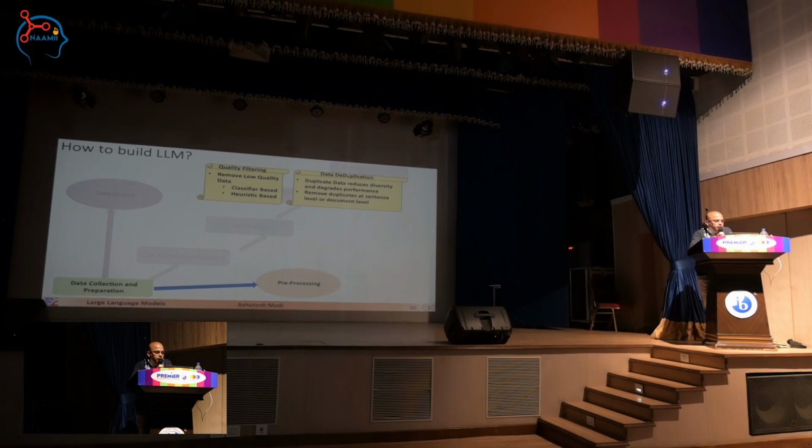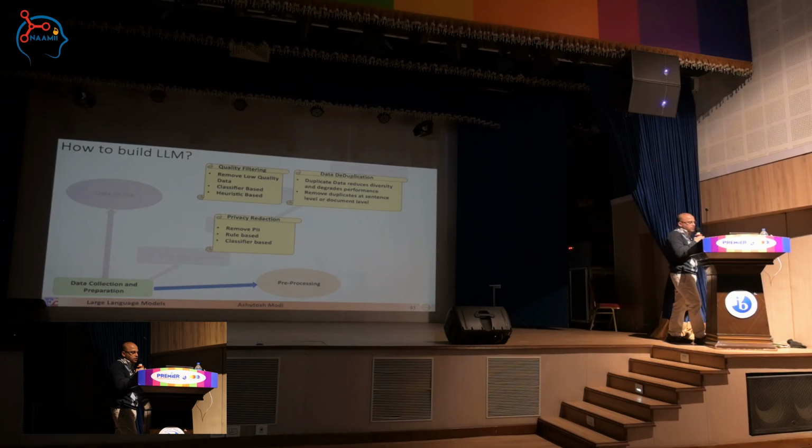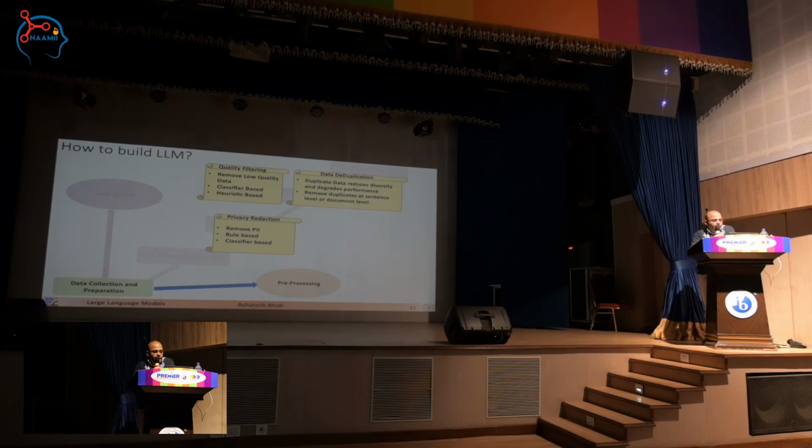So once you are done with deduplication, the next step is that the internet has a lot of private information as well, right? And obviously you don't want the model to learn someone's, let's say, social security number or date of birth and all those sensitive information. So what you need to do is remove PIIs, which is personally identifiable information.